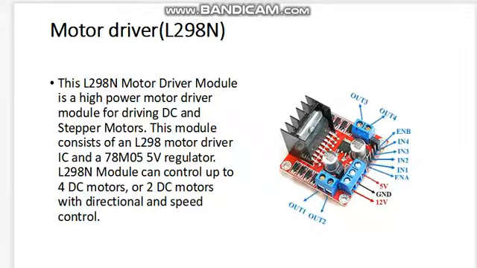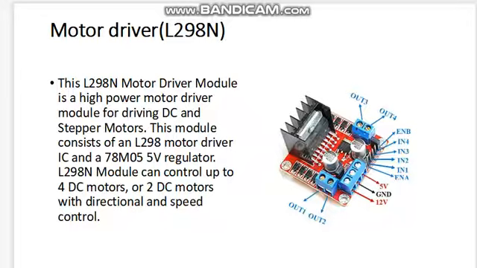And next is the motor driver L298N. What is L298N? The L298N motor driver module is a high power motor driver module for driving DC and stepper motors. This module consists of an L298 motor driver IC and a 78M05 5-volt voltage regulator, and this 78M05 is attached with the capacitors you see.